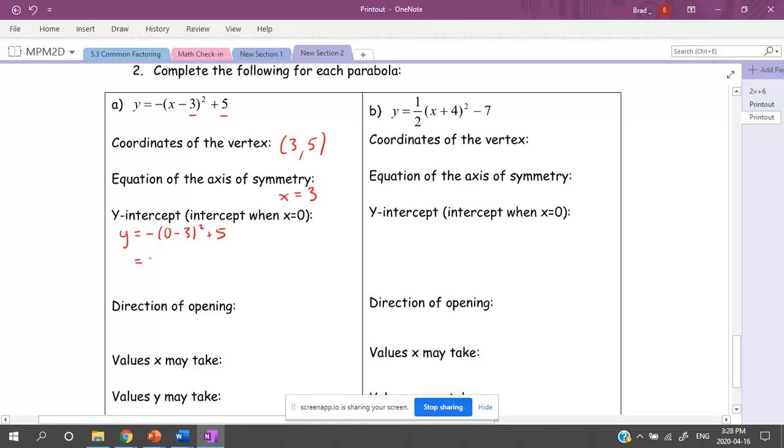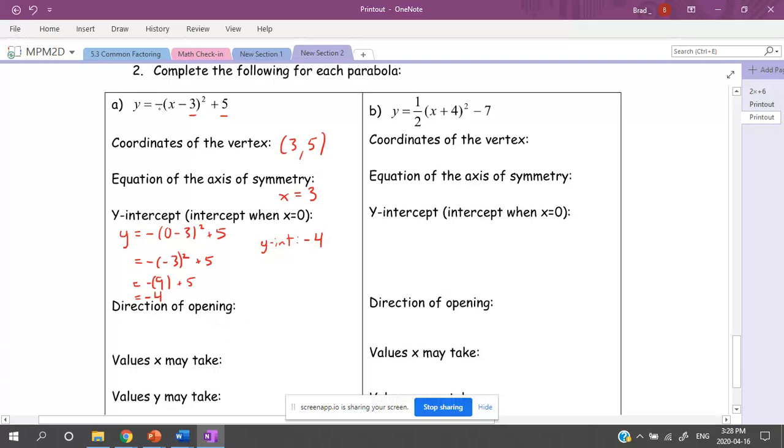Okay, so -3 squared is 9. And -9 plus 5 is -4. Okay, so the y-intercept is -4.